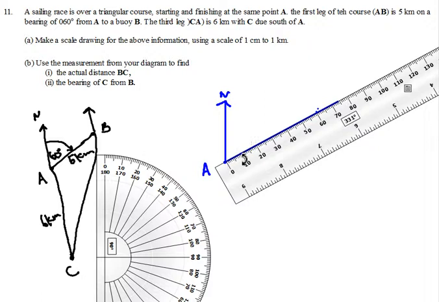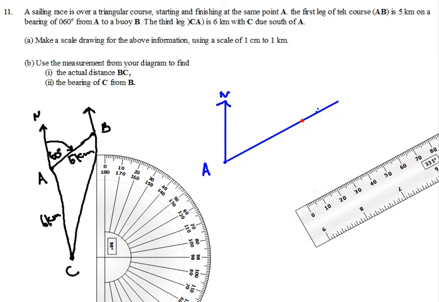Now this ruler is scaled in millimeters, but we know that 10 millimeters is 1 centimeter. So to get 5 centimeters to represent that 5 kilometers, we have to stop at 50 right here. This point here is going to be the point B. Let us label it B.